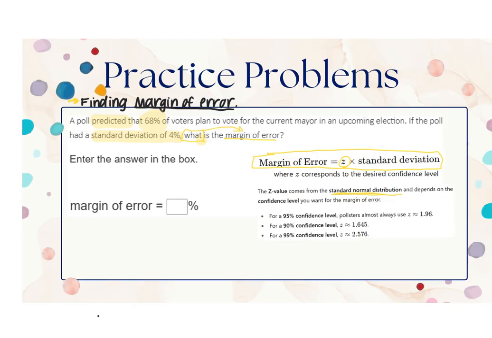Let's just go with our 95% confidence level. So that's pretty standard. Our z value is always going to be 1.96. So whenever you see your z value, plug in 1.96.